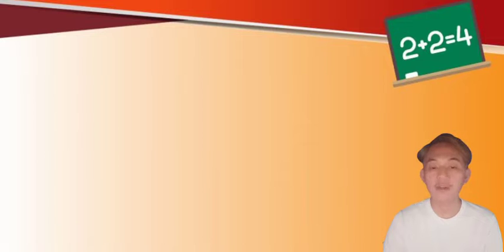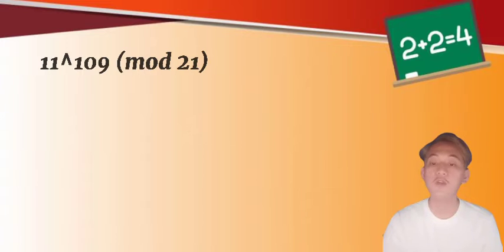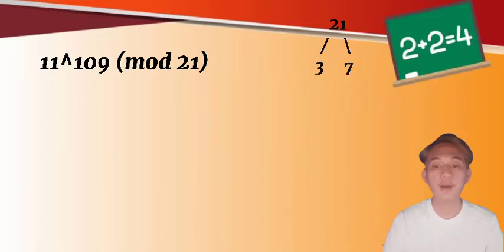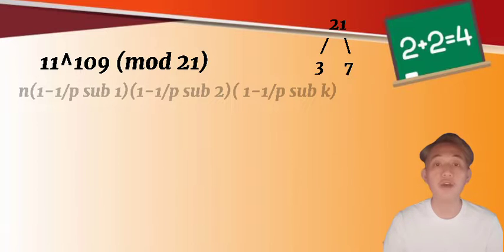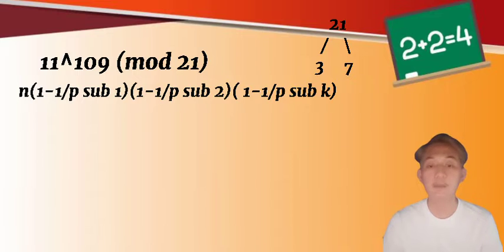Let's say we have 11 to the 109 power mod 21. The first thing we need to do is to find the factors of 21, and that is 3 and 7. Because both 3 and 7 are prime numbers, we can use rule number 4, and that is n multiplied by the quantity of 1 minus 1 divided by p sub 1, multiplied by the quantity of 1 minus 1 divided by p sub 2, multiplied by the quantity of 1 minus 1 divided by p sub k.